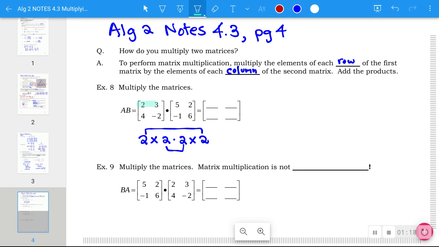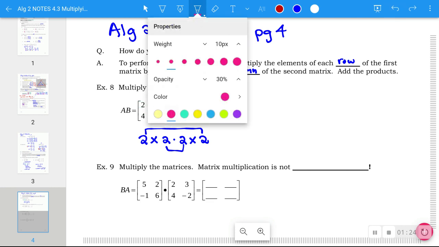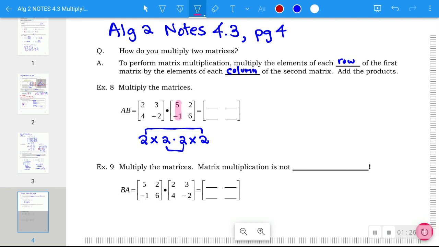We're going to use this row and this row in the first matrix. And it's the columns that we use in the other matrix. Now, when we do this, the rows we traverse from left to right. That's pretty natural. But the columns, we go from top down. So let me show you how this works here.